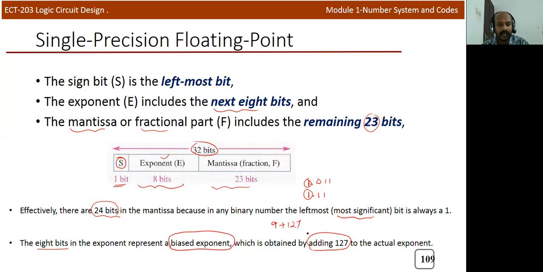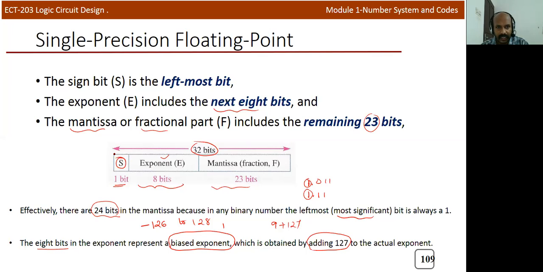So the actual exponent plus 127 is written in the format. With this format you can represent exponents from minus 126 to 128, that is, stored values from 1 to 255. That's how we represent both negative and positive numbers using 8 bits. That's why we add this 127, and this concept is known as the biased exponent.